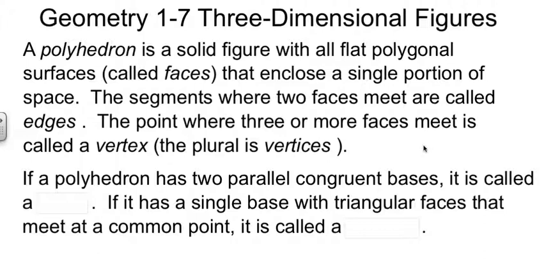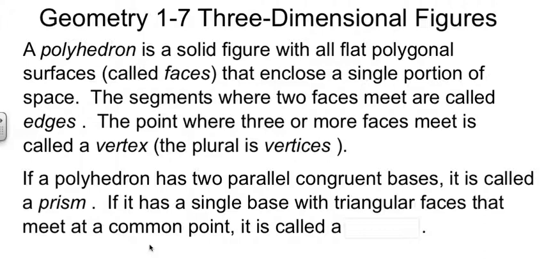If a polyhedron has two parallel and congruent bases, two bases that don't intersect each other in any way, and they're identical, then it's got a special name. It's called a prism.